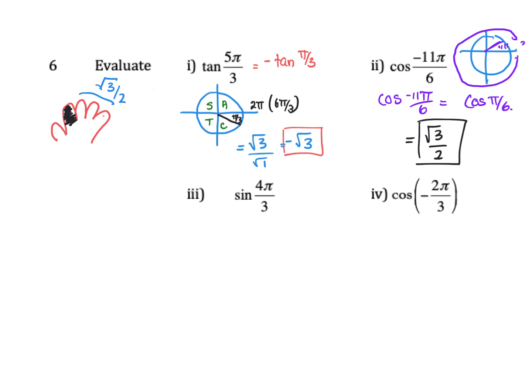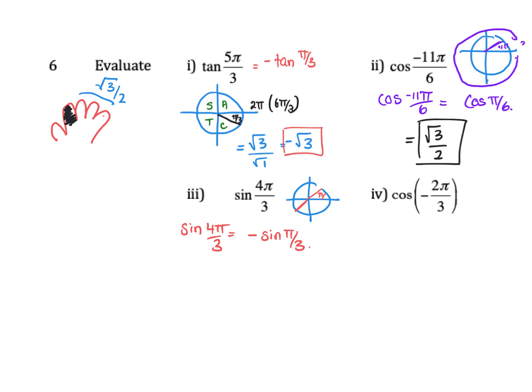Okay, alright, so with sine 4 pi on 3, we would be down here, where sine is negative, so sine 4 pi on 3 is equal to the same as sine pi on 3 but negative.